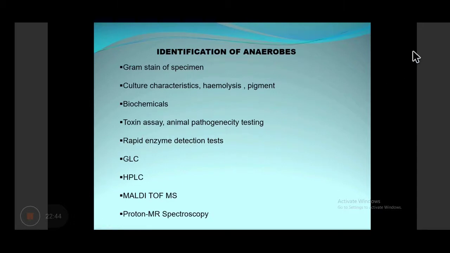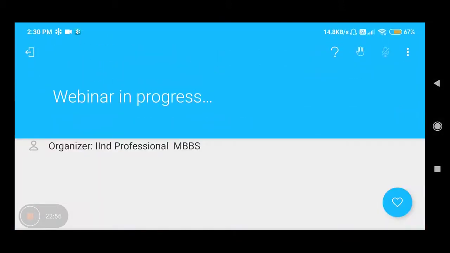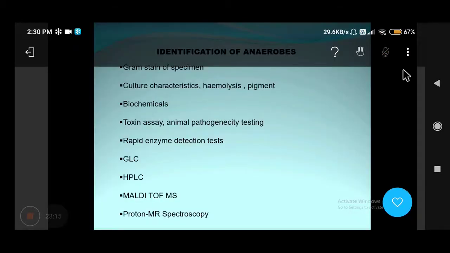How will you do identification? After incubation, we will gram stain that specimen, and we will culturally characterize, like whether hemolysis is present or if there is any pigmentation.